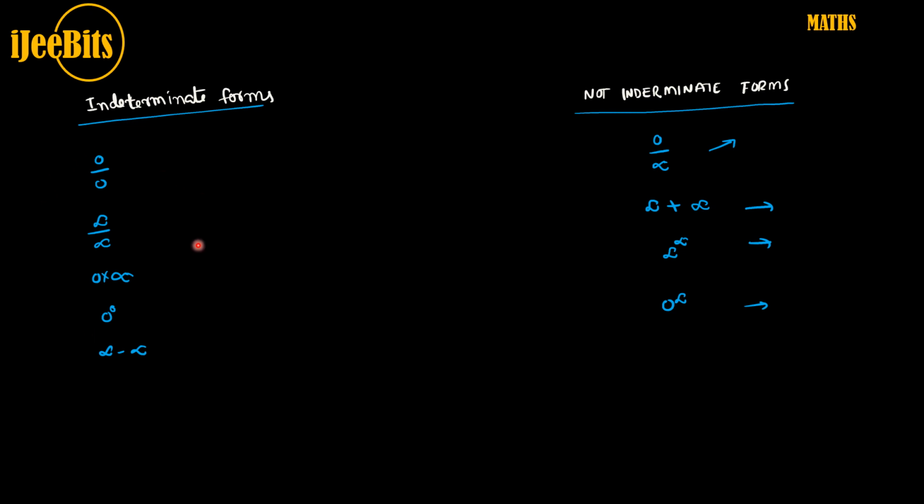That's what we discussed. We always correlate them as indeterminate forms. The cases that are not indeterminate are 0 by infinity, infinity plus infinity, infinity times infinity, and 0 over infinity. These we will get as finite values. We will see when we look at sample examples how these are going to help us find the final answer.